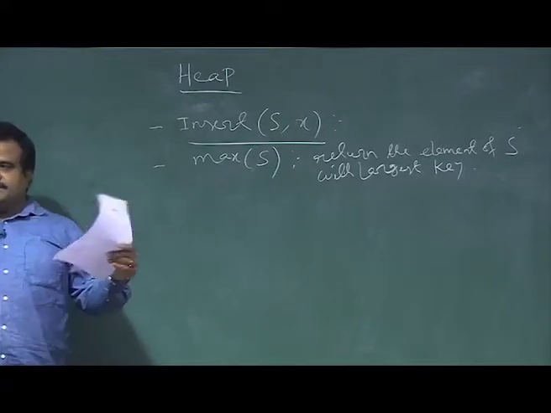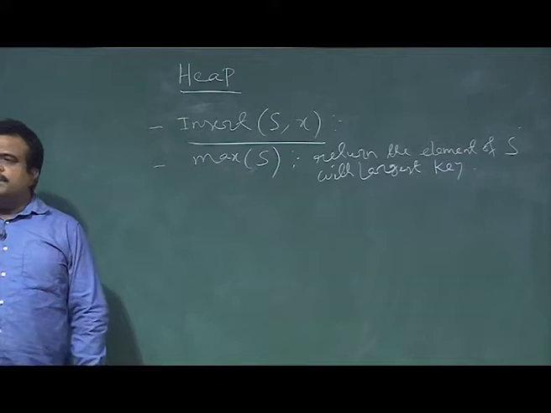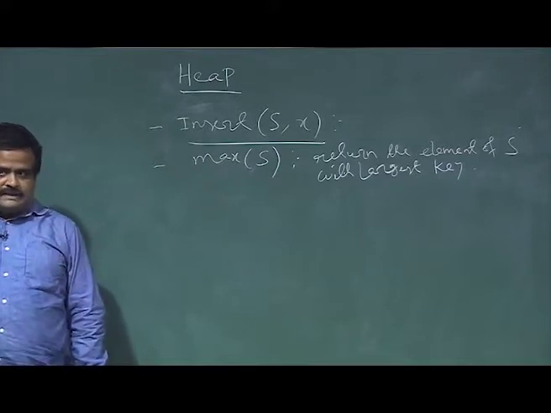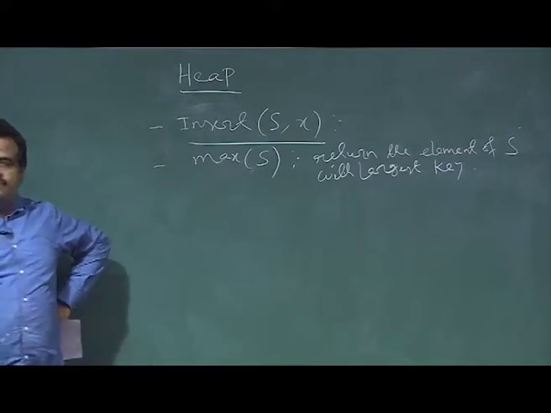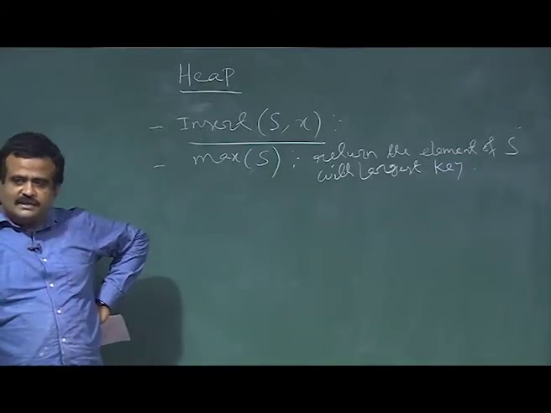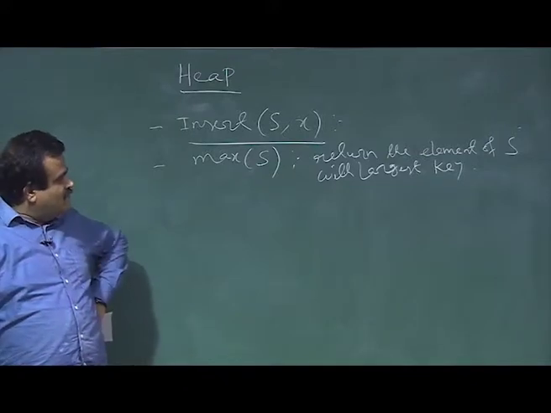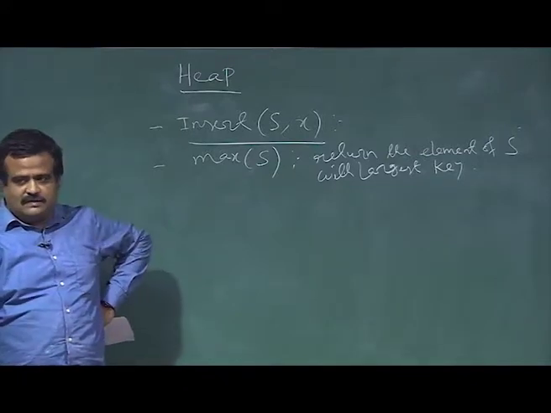S is a dynamic set, so every time we should be able to insert a new record, a new key in S, and we should be able to get the maximum element from S, which has the largest key value.